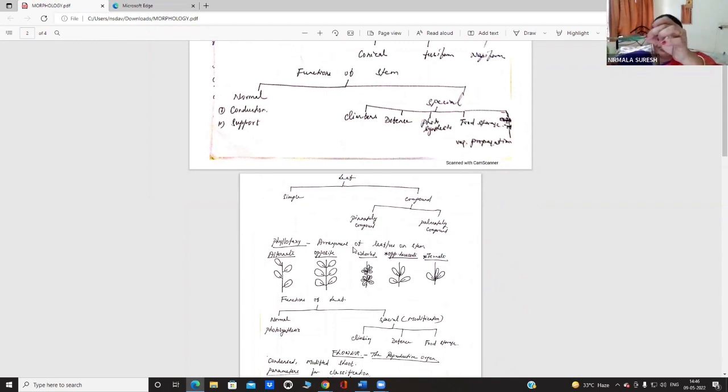A simple leaf has lamina, petiole, reticulate venation, and we can also show them the grass, parallel venation, monocot and dicot. Differentiation can be done in the class by showing the parallel venation in the monocot plant and reticulate venation in the dicot plant. So simple leaf and compound leaf. For compound leaf, we can give some examples. This one, neem leaf, you can say curry leaf. It's only curry leaf.